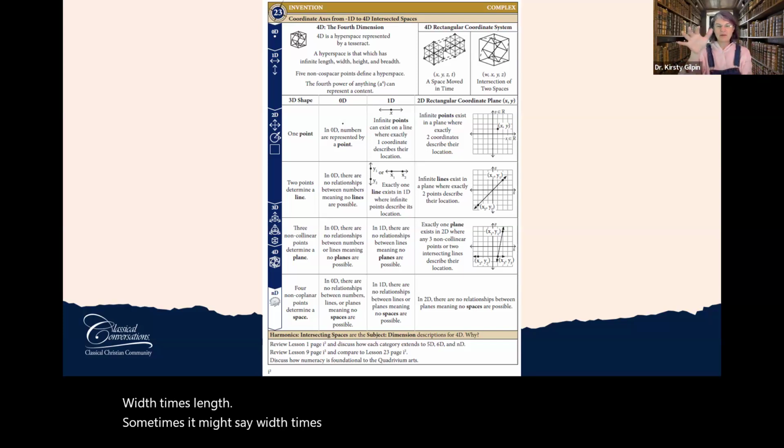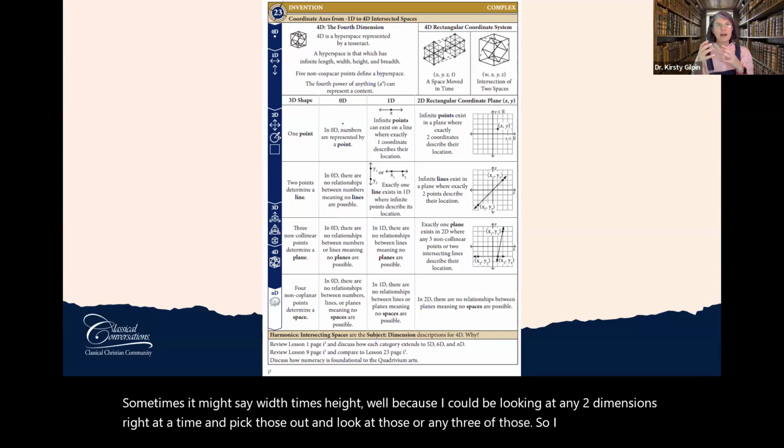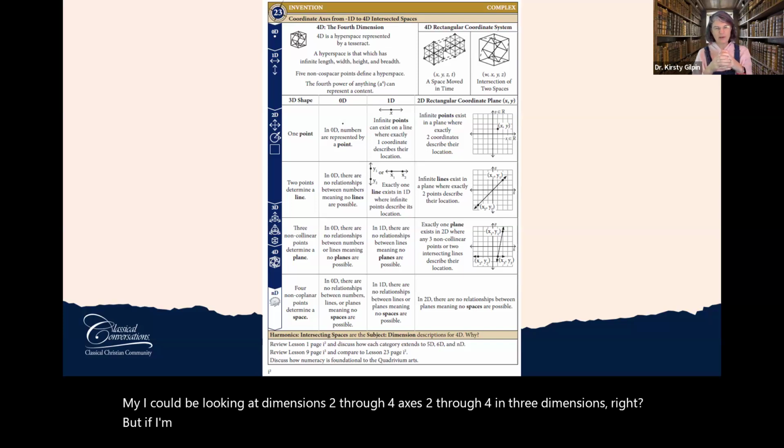Well, because I could be looking at any 2 dimensions at a time, and pick those out and look at those, or any 3 of those. I could be looking at dimensions 2 through 4, axes 2 through 4, in 3 dimensions. But if I'm looking at 3 dimensions, I can only see 3 of them at a time.